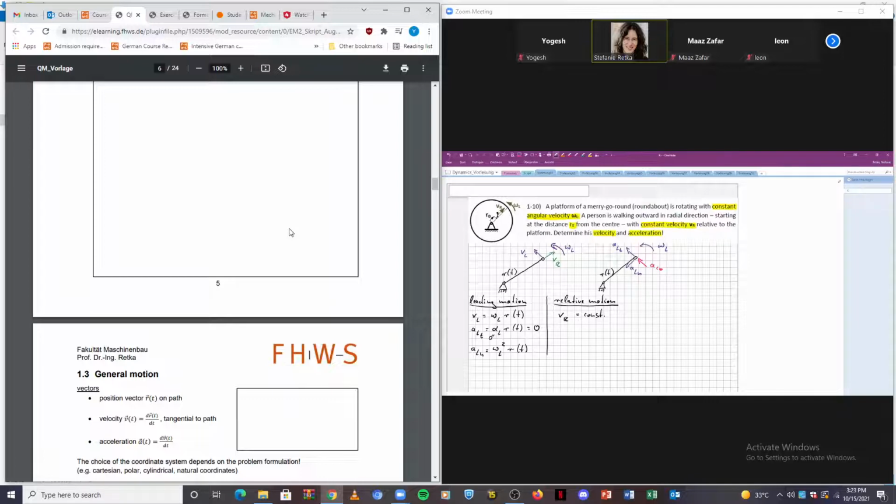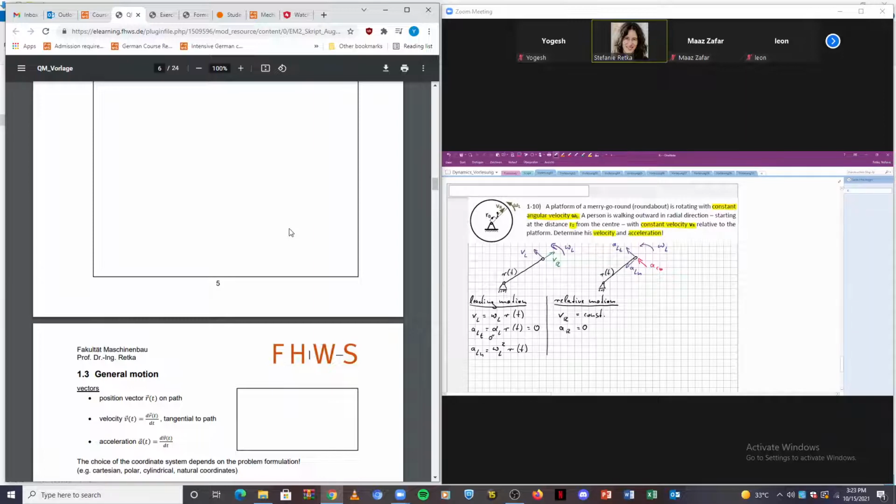If the velocity is constant, the acceleration is 0. And we have to derive an equation for the distance the person walks, our time-dependent radius.